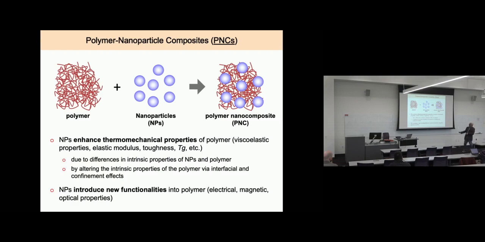So other than enhancing properties, you can also introduce new properties, optical, magnetic, catalytic, into the polymer. That's more a polymer-centric view. But the nanoparticle-centric view is you use the polymer just as a guiding principle to embed these nanoparticles within. So you could put a third point in there. All right, so that's probably enough of composites.